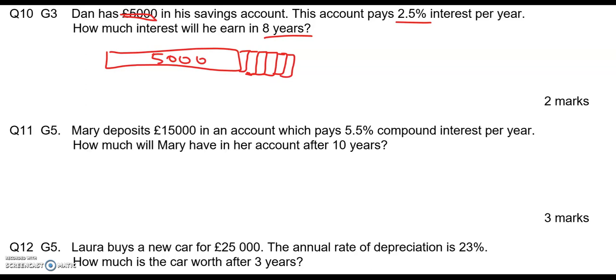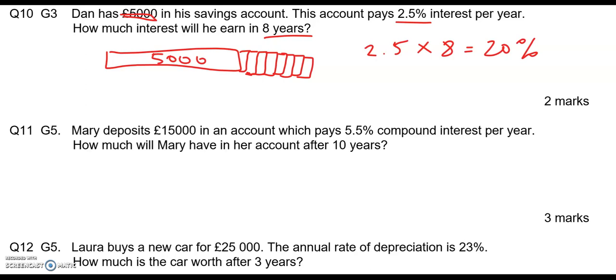So we have 1, 2, 3, 4, 5, 6, 7, 8 lots of them, which are exactly the same. So 2.5%, if you multiply that by 8, is going to give us 20. So 20% in total.